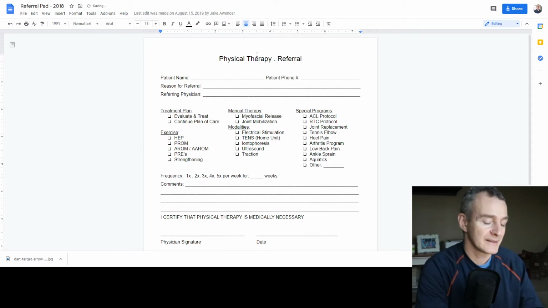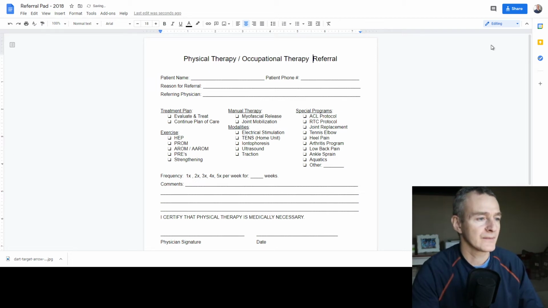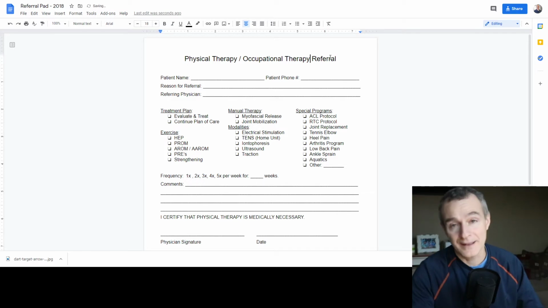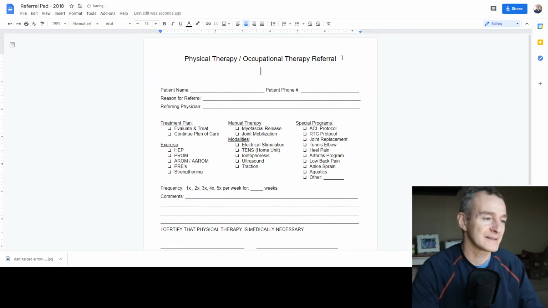So oftentimes, if I'm a physical therapy clinic, even if I don't employ an OT, I might consider including occupational therapy on the referral pad. One of the things I would not do is say that I include speech language pathology, because that's just a completely different discipline.